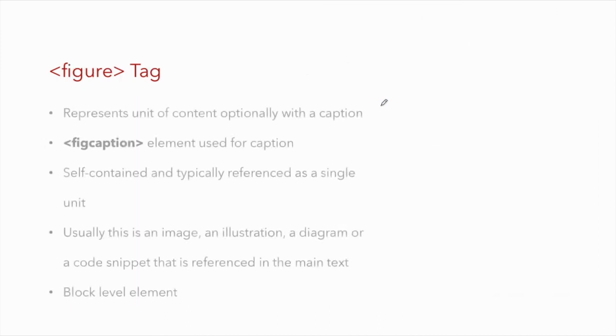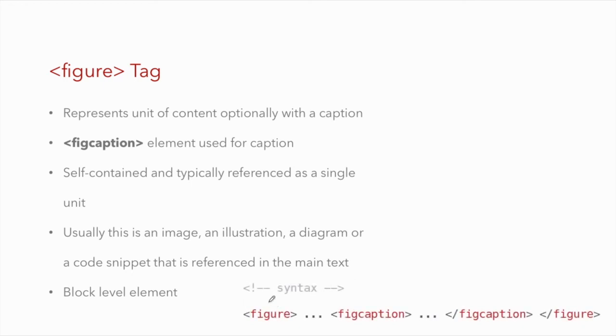There are a few other tags remaining. One is the figure tag, which is used to specify a caption for the figure. It is self-contained and referenced as a single unit. So you have these two tags, figure and figcaption. The figcaption falls inside the figure with your image.